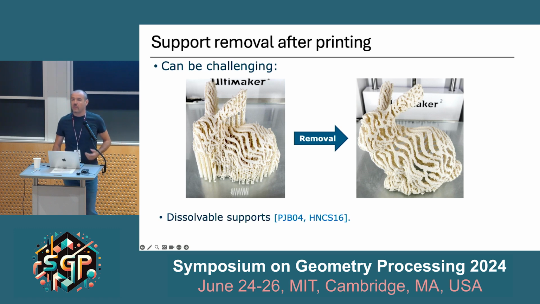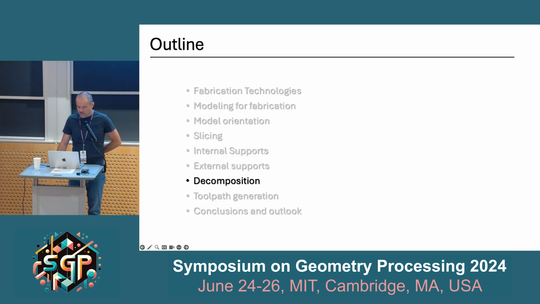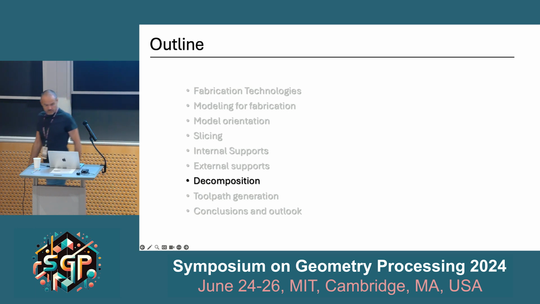Of course, to exploit this, you must have a printer which is able to extrude two different materials, one for the object and one for the supports. These are called dual extruder machines, which are quite widespread and cheap enough to be used. And yeah, I think I can give the floor to Marco.